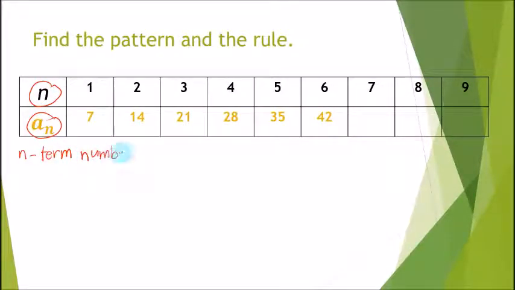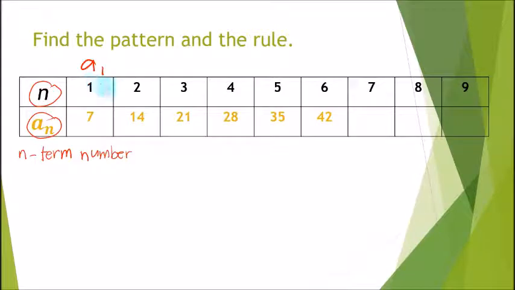Mao ni ang mo determine what is the location of the term in the sequence. So, for example, our n here is 1. This means that the 7 is our first term.